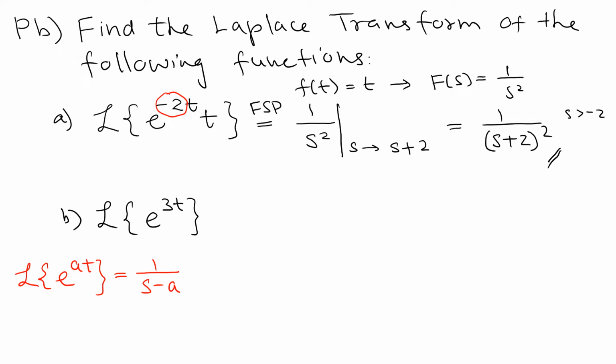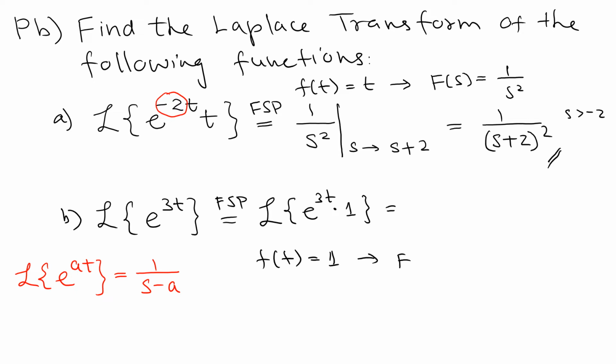But how to use the first shifting property for this one? We have to figure out what the f(t) function is. You can guess that the f(t) function in this case is actually 1. That's why we don't write it. So f(t) equals 1, and the Laplace transform of that is, from the table, 1 over s.